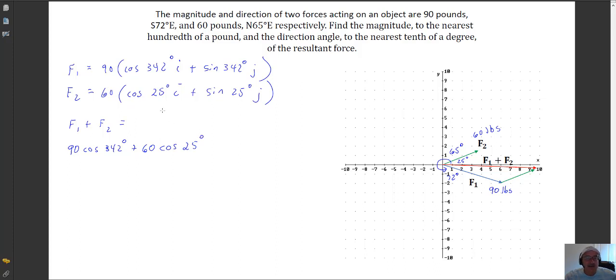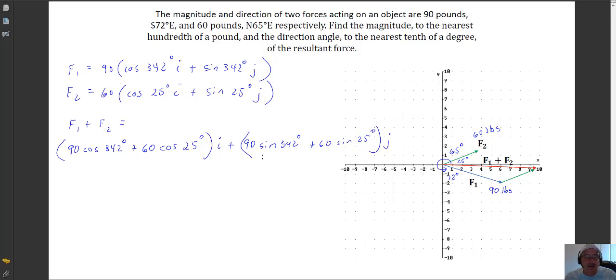So I'm adding the x components here, and I'm going to do this on my calculator all in one swoop to make it easier. i plus 90 times the sine of 342 degrees plus 60 times the sine of 25 degrees, j, if that's all right with everybody.